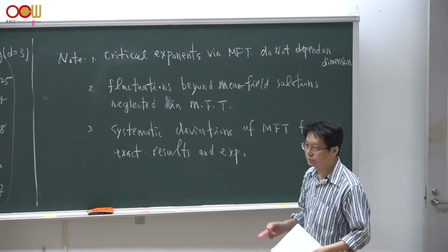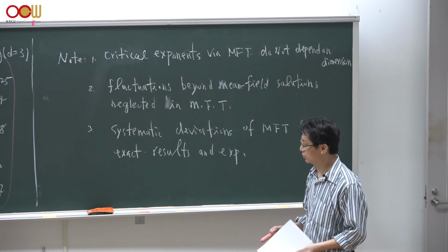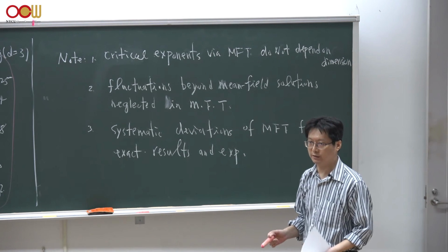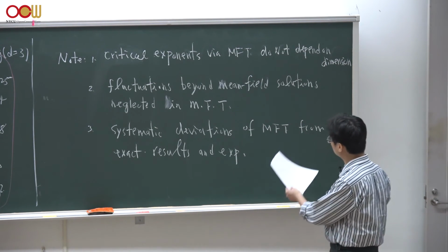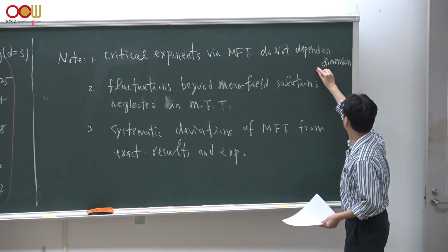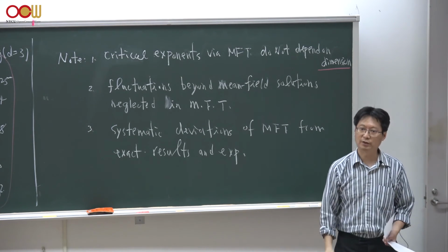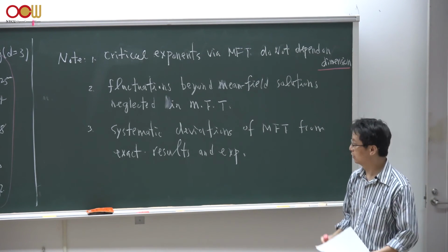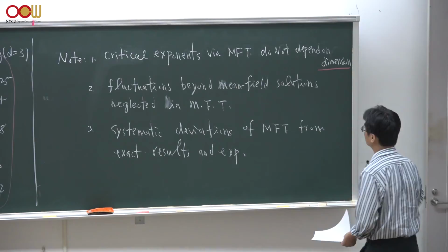So you can see that throughout this mean field calculation, the dimensionality doesn't play any role, meaning all the critical exponents that we obtained do not depend on your spatial dimension, whether this is a 1-dimensional, 2-dimensional or 3-dimensional Ising model. It doesn't matter.